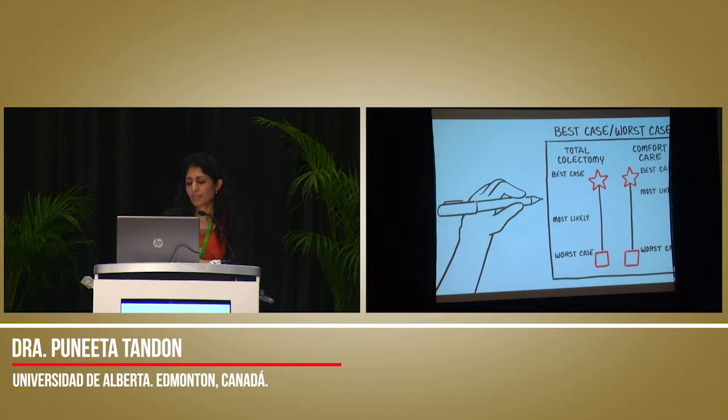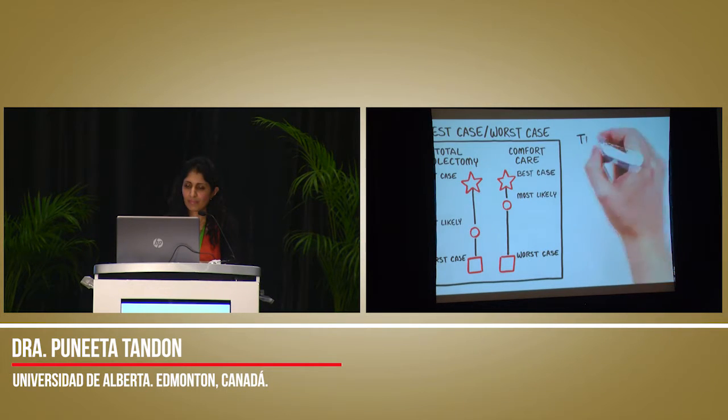Most likely may be close to or the same as the best case or worst case, or it could be somewhere in between. The idea is for you to combine your knowledge of the patient's overall health with your understanding of the current problem to give patients and families your best estimate of what is likely to happen. Telling a story is key.